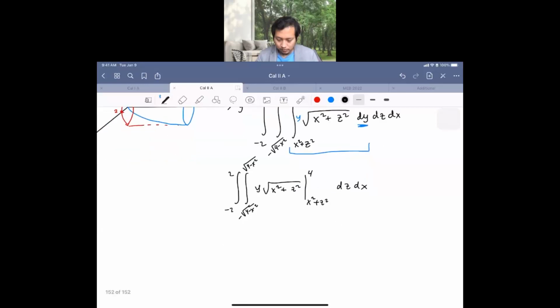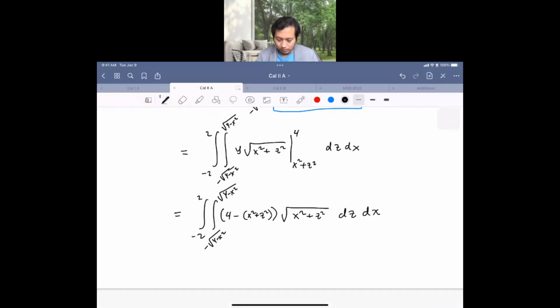And this is going to be 4 minus x squared plus z squared. Okay, now it looks ugly, right? It looks really, really bad.